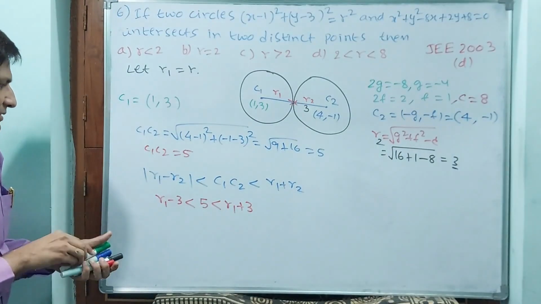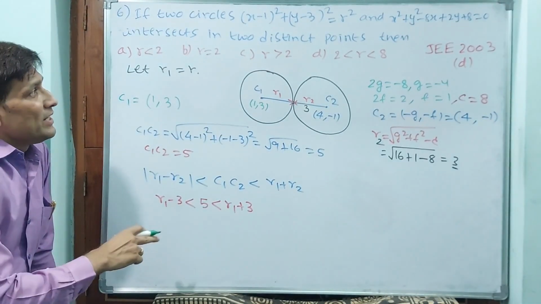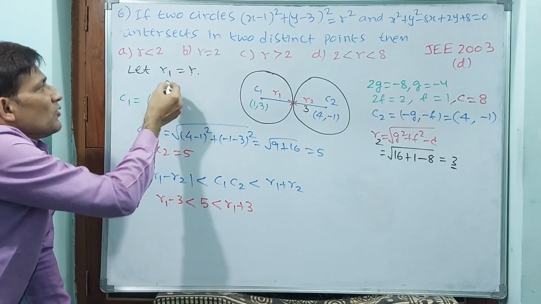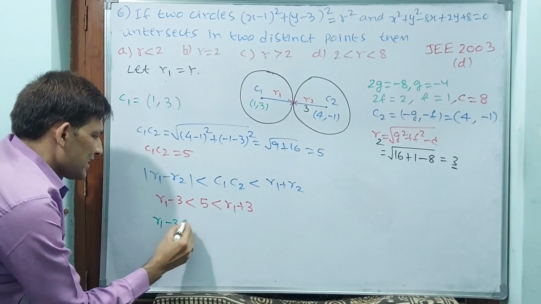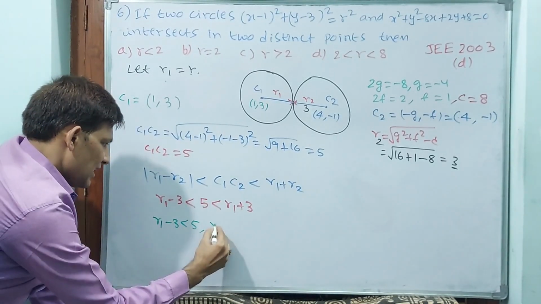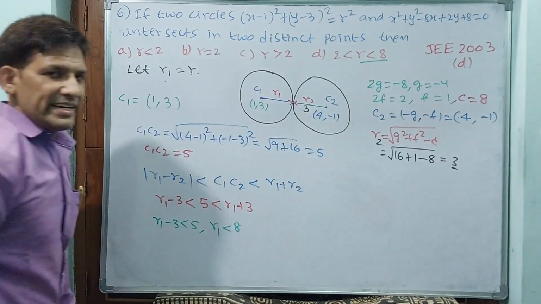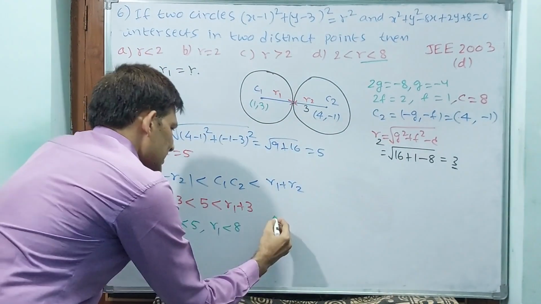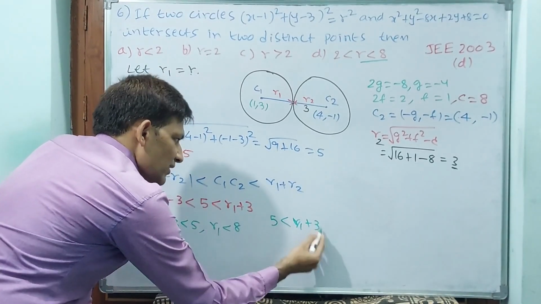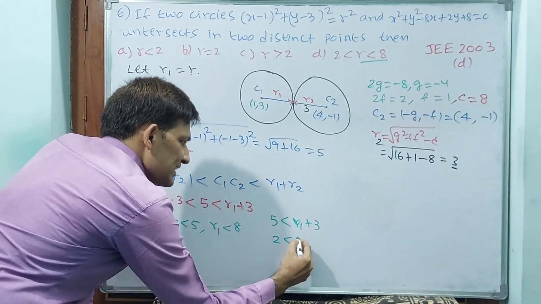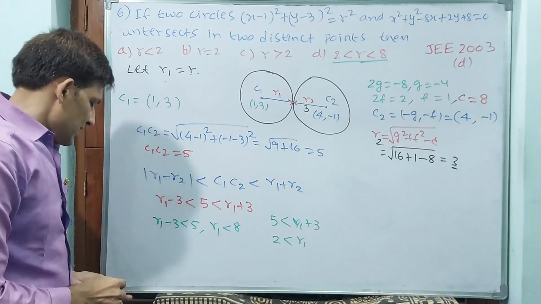Like that you take it first. Remember, R here means R1. First I will take R1 - 3 < 5. So R1 should be less than 8. R is R1 here. Now we take the second one: 5 < R1 + 3. 5 minus 3, that is 2, should be less than R1. That means R1 is greater than 2. That is the logic.